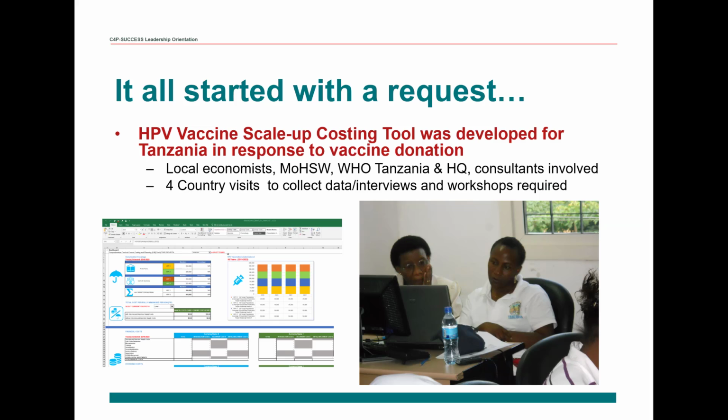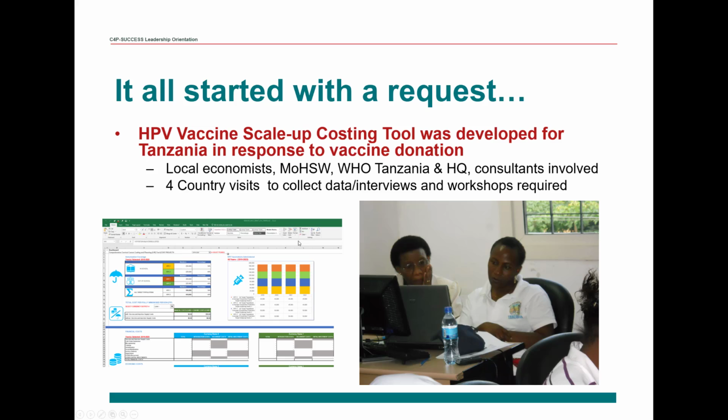WHO headquarters asked Levin and Morgan to come in and help them to make a determination of how much it would cost. And over four country visits, Dr. Levin and I, and also Raymond Hutebesi and Theophista John, who was with WHO Tanzania, collected data and interviews and had workshops about what people wanted to do, what they thought was appropriate, and figured out how much things cost on unit cost.